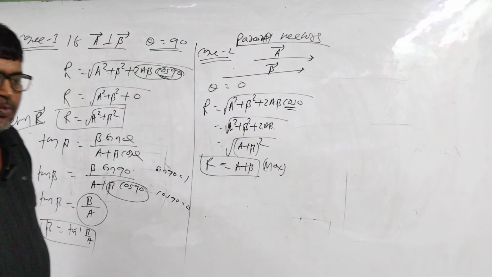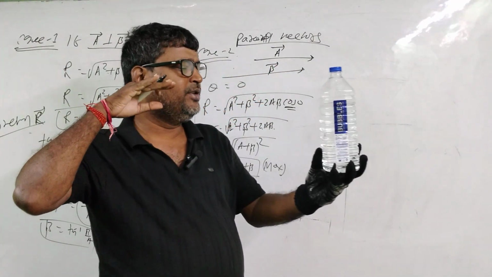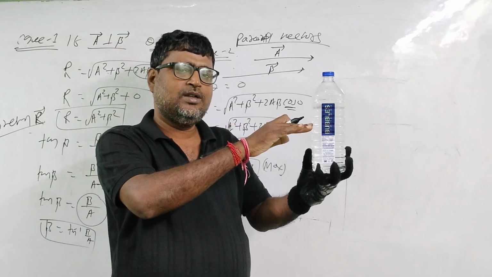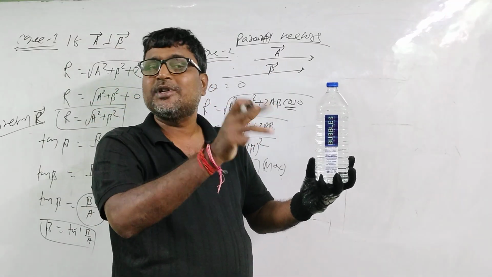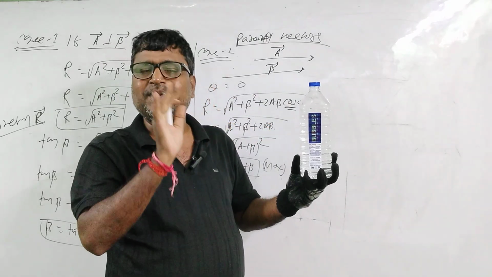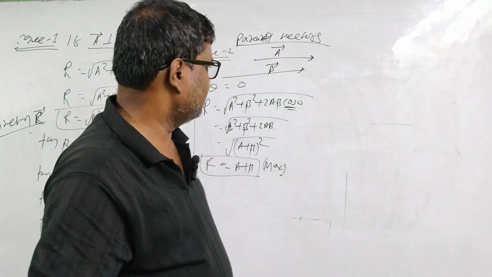In this case we add maximum. Suppose this is a bottle, and you apply 5 newton force one way and 7 newton force the same way, then net force is 7 plus 5, 12, if they are parallel in the same direction. Their forces add, content clear.